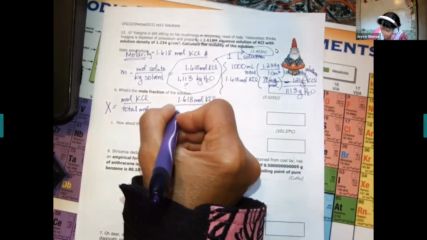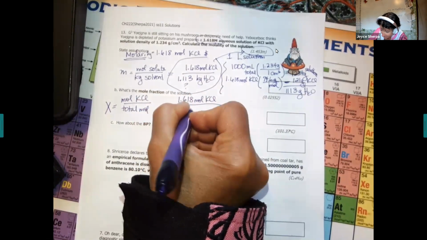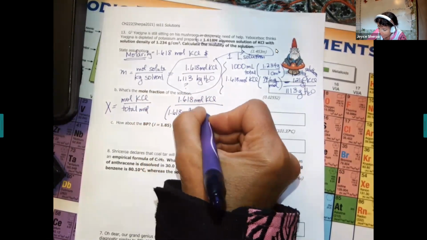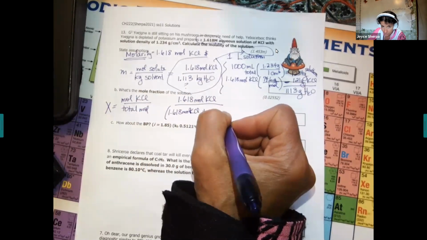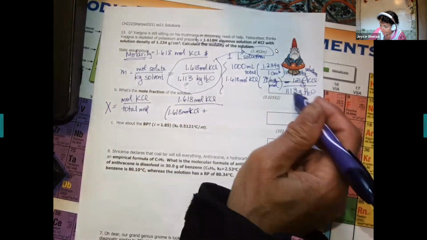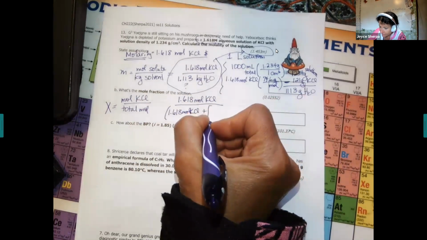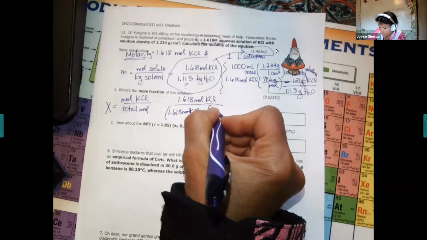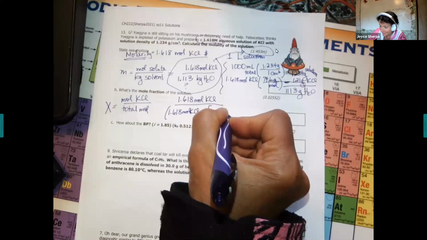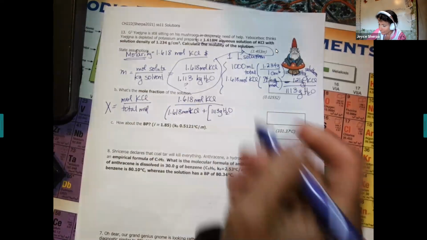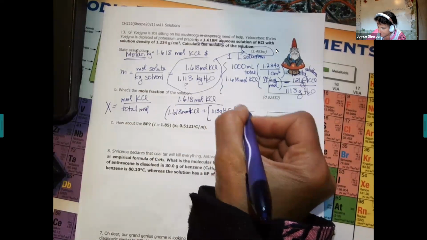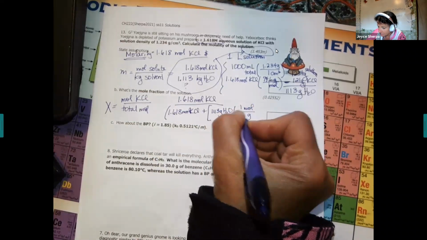And then our denominator is going to again be the 1.618 moles of KCl, plus we have to figure out our moles of H2O. So we had that many grams of H2O, and then change your grams to moles, right? Periodic table, so 18-ish, blah, blah, blah.